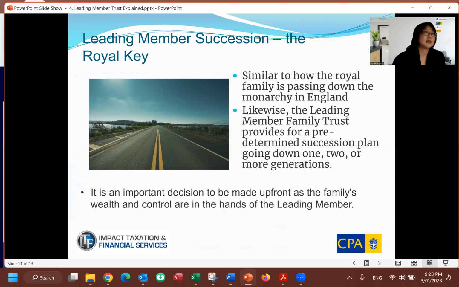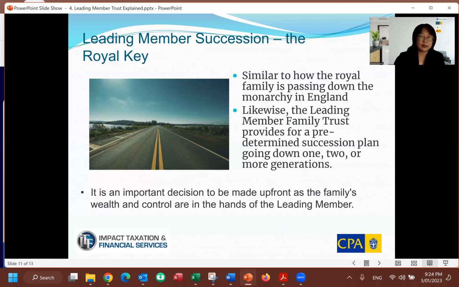Likewise, the leading member family trust provides for a predetermined succession plan going down one, two, or more generations. So it is an important decision to be made upfront, as the family's wealth and control are in the hands of the leading member.